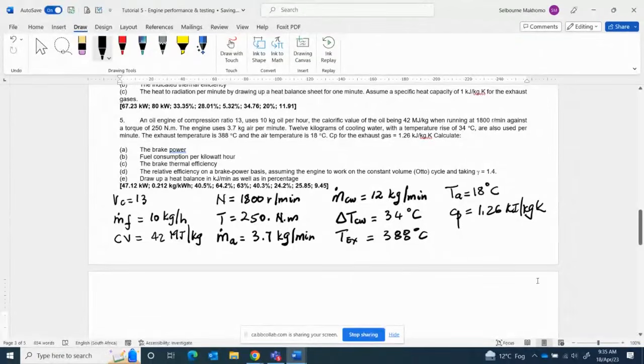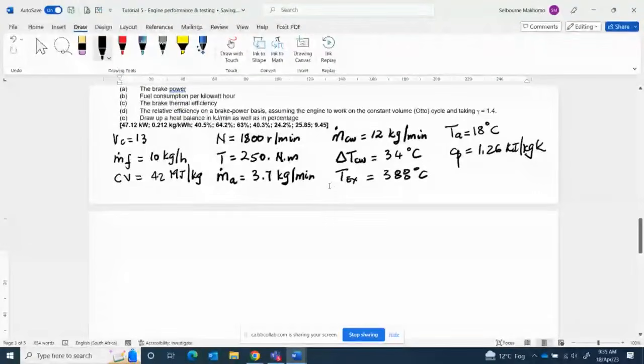Now, the first question says calculate the brake power. The brake power is BP. BP is 2 pi NT divided by 60.